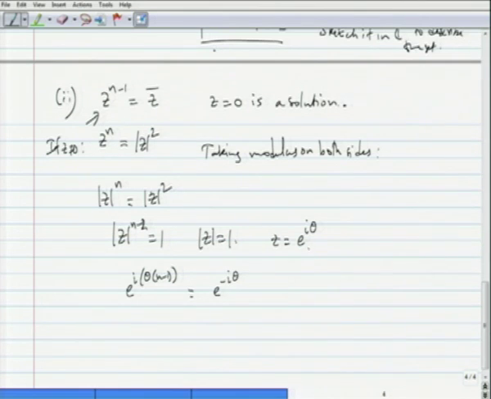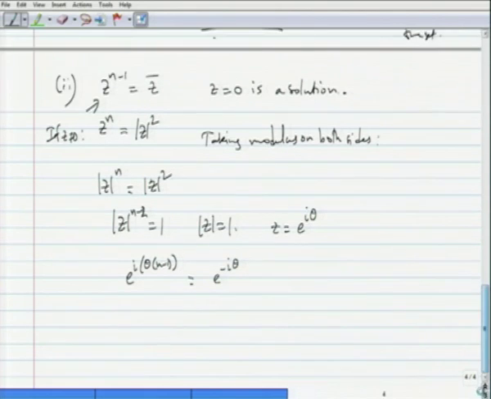The conjugate of e to the power i theta is e to the power minus i theta. So, from this one can conclude that n minus 1 times theta and minus theta differ by 2 k pi, an integer multiple of 2 pi.